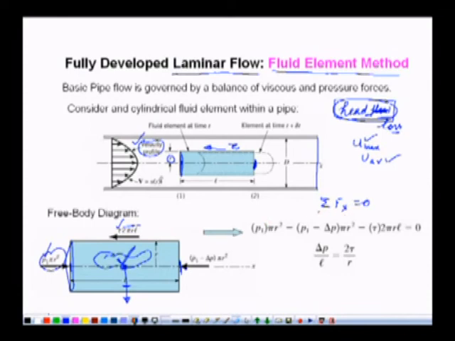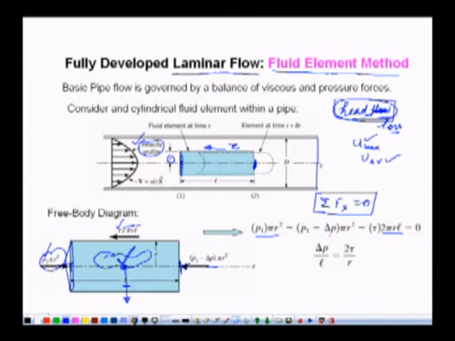With the help of this simple governing principle, we can write P1 multiplied by pi r square, this force acting in the x direction, minus P1 minus del P times pi r square, this force acting in the negative direction, minus tau times 2 pi r L, the shear force acting in the negative x direction, the shear area being 2 pi r L, and this must be equal to 0.